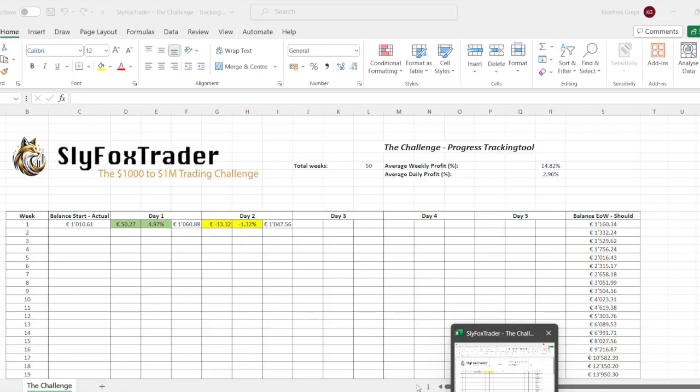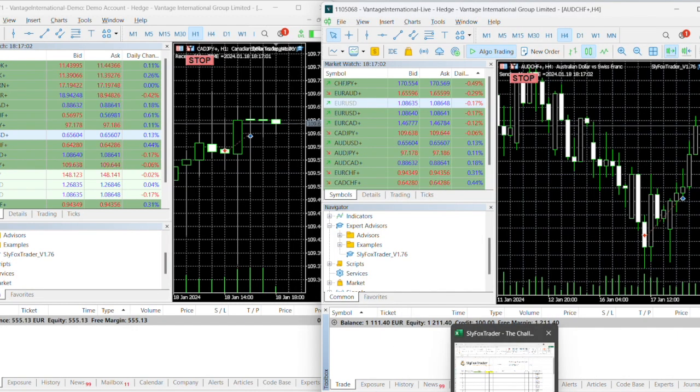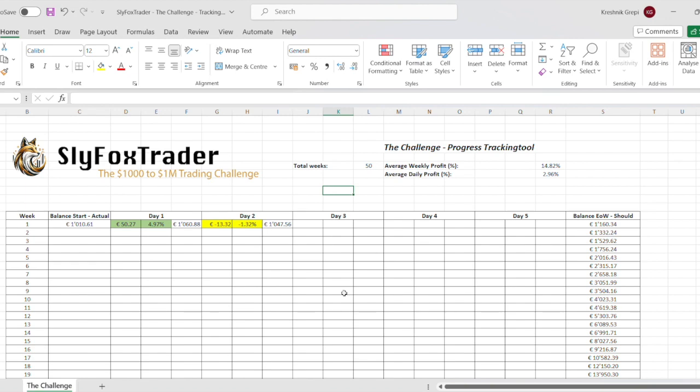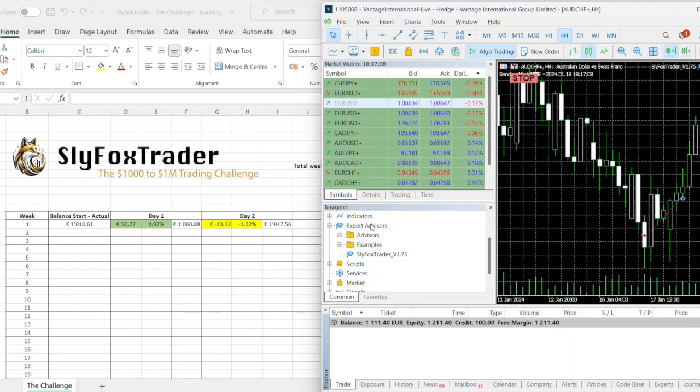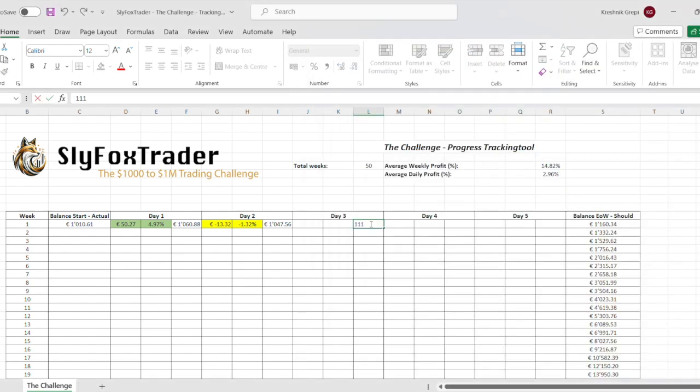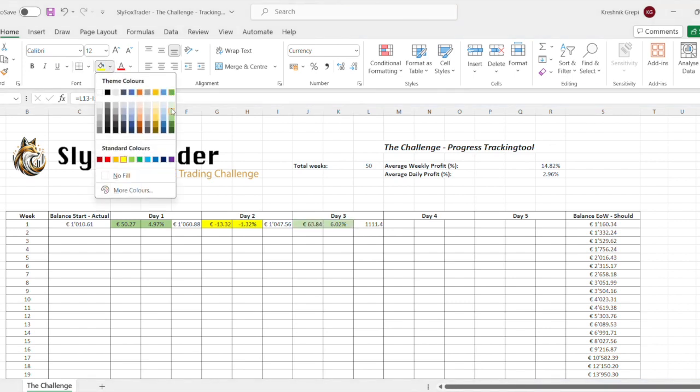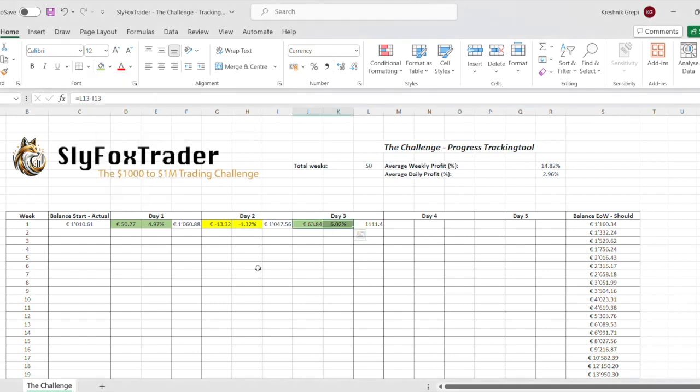And let's put these figures now here for day 3. 1,104, and do now the same here. So we had a profitable day. Very, very good.